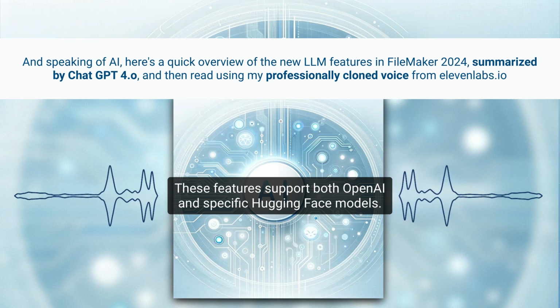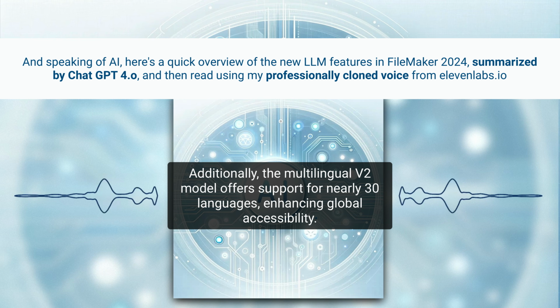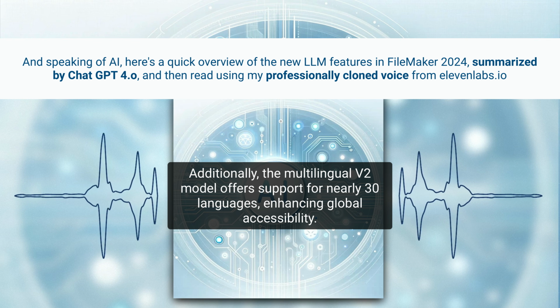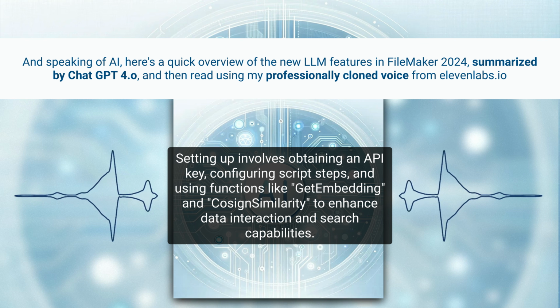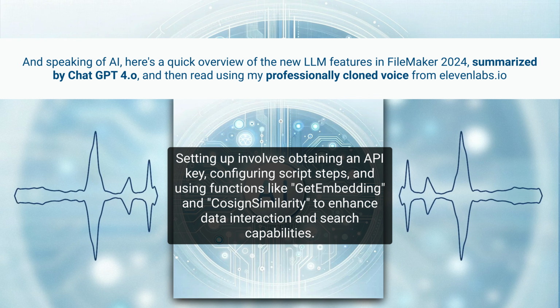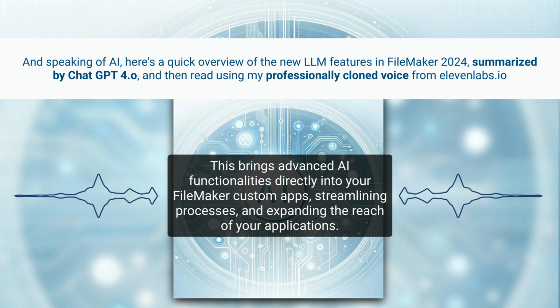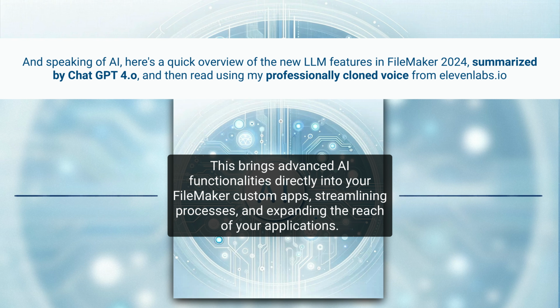These features support both OpenAI and specific Hugging Face models. Additionally, the multilingual V2 model offers support for nearly 30 languages, enhancing global accessibility. Setting up involves obtaining an API key, configuring script steps, and using functions like getEmbedding and cosine similarity to enhance data interaction and search capabilities. This brings advanced AI functionalities directly into your FileMaker custom apps, streamlining processes and expanding the reach of your applications.